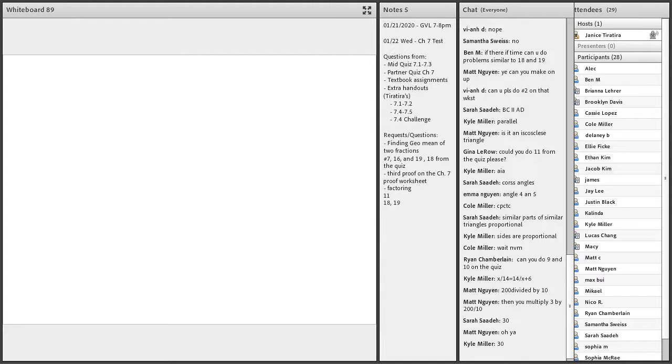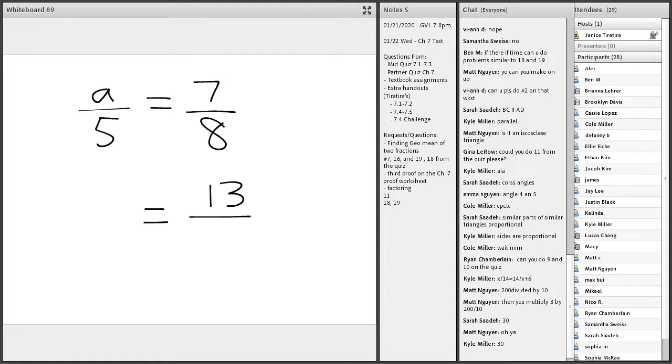Then there's, let's say a over 5 equals 7 over 8, and I want to get 13 over 8. So you sometimes need to change the original proportion, meaning you could rearrange it so that it's beneficial for your situation.